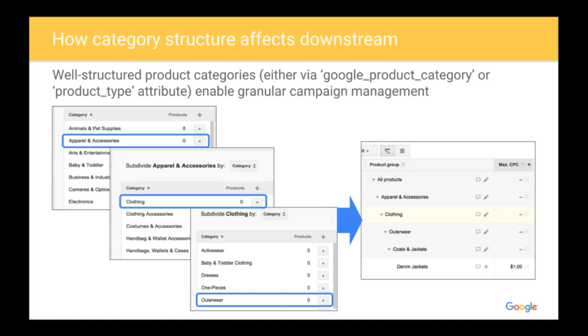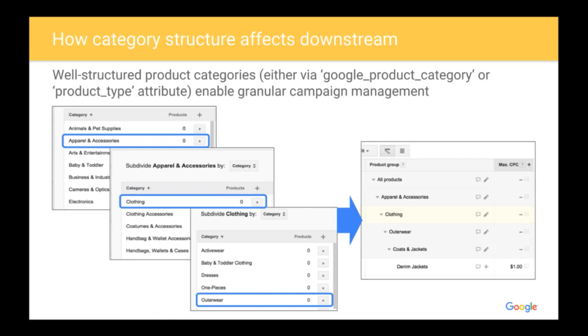A lot of our customers structure their campaigns by the product categories. So let's say you provide the Google product category or alternatively the product type, which is the representation of how you represent your product hierarchy in your own business. If you bring that over into AdWords, then that is the control that you have at the product group level to structure your campaigns.